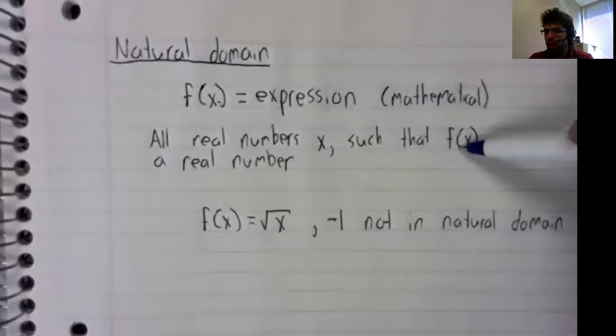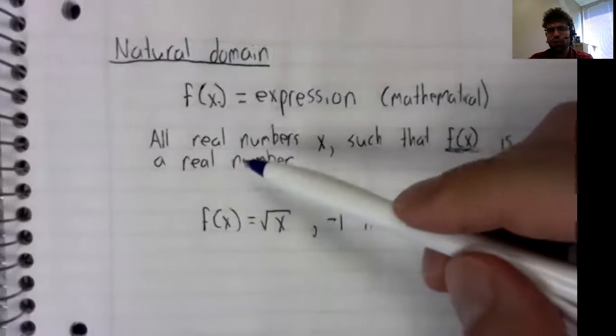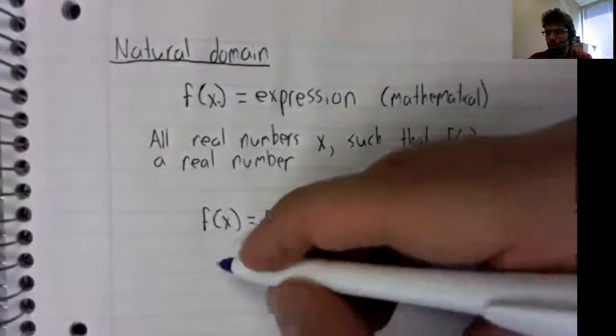Because our output, f of -1, is the imaginary unit i. It is not a real number.